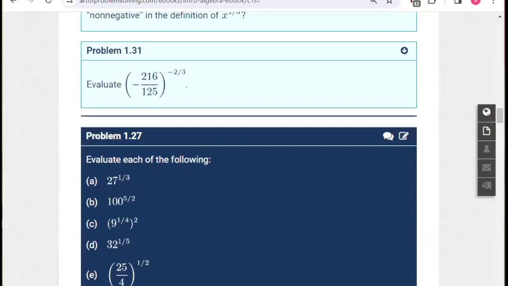Let's deal with this 3 first, okay? What does that 3 mean? It means the cubic root, correct? Yeah. Of -125 over 216, yes? Yeah.